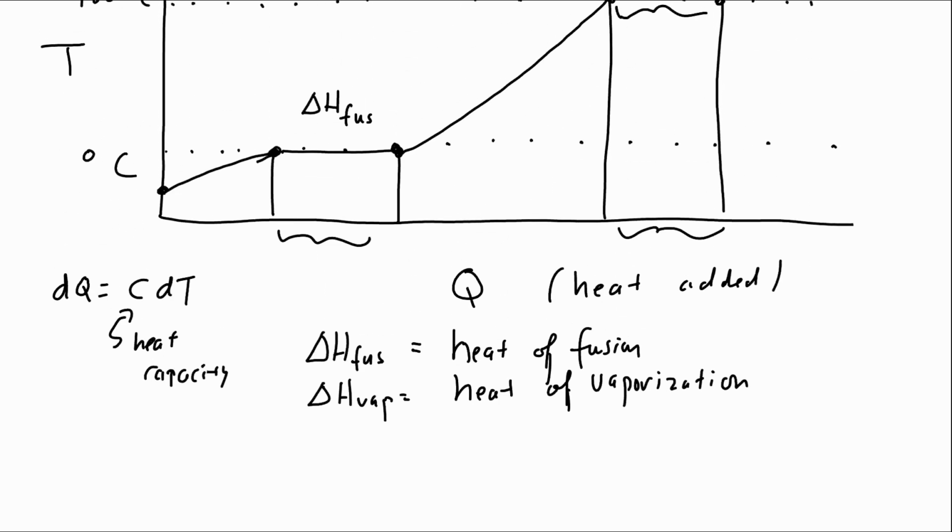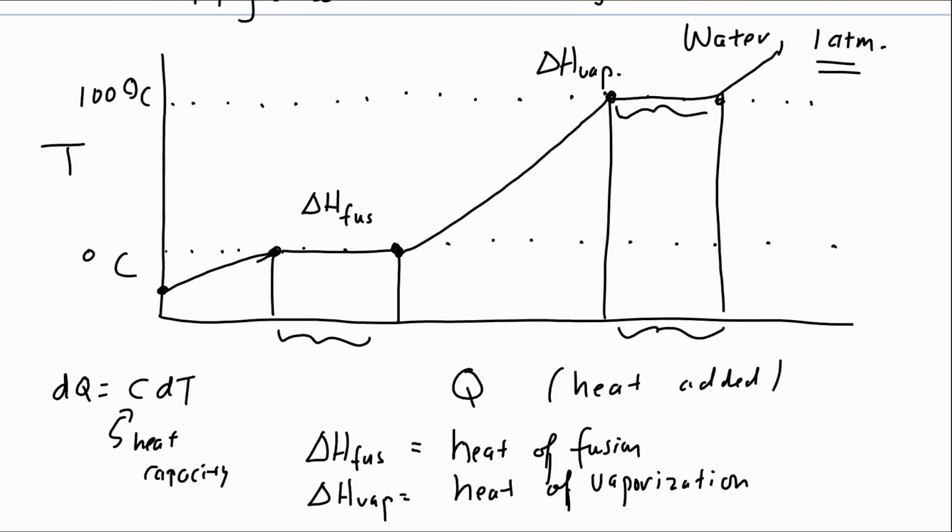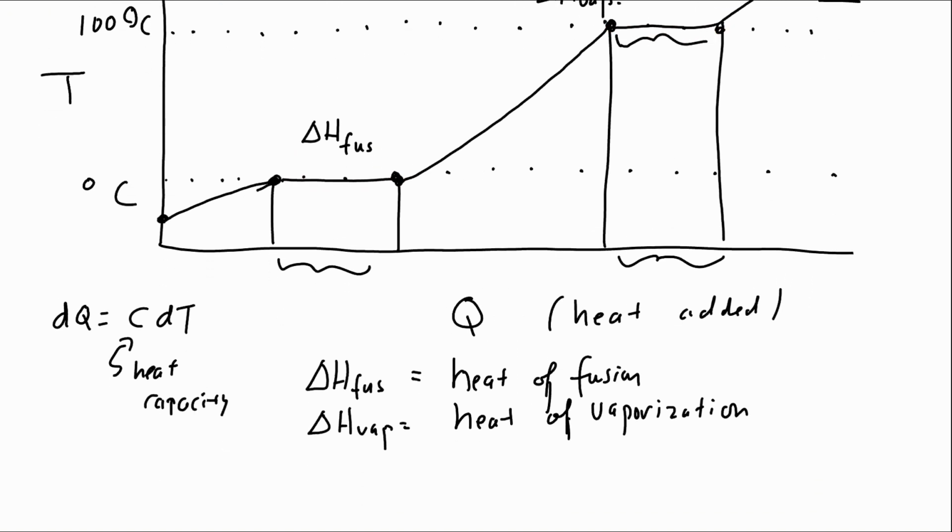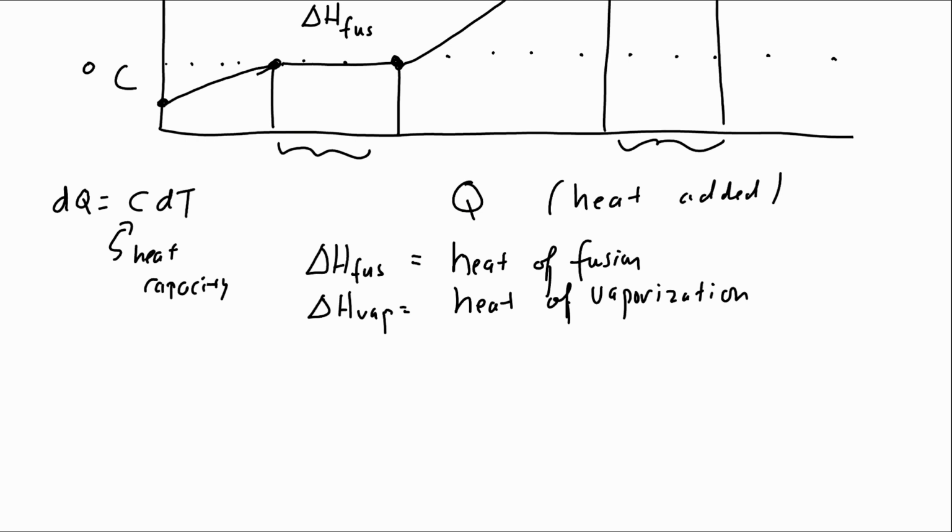Oh, so when we go from the solid to the liquid, or from the liquid to the gas, there's two things going on, right? The molecules are interacting with each other. There's potential energy.